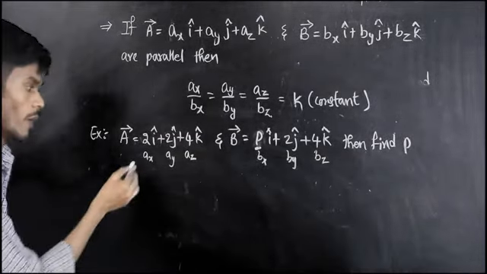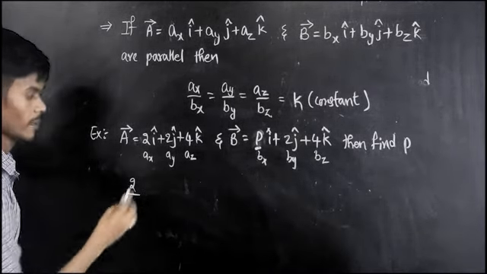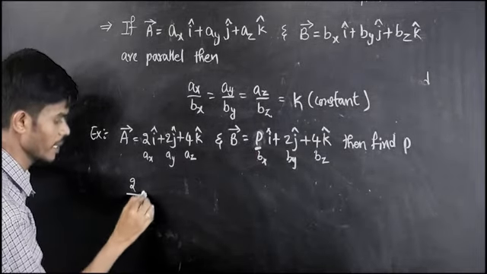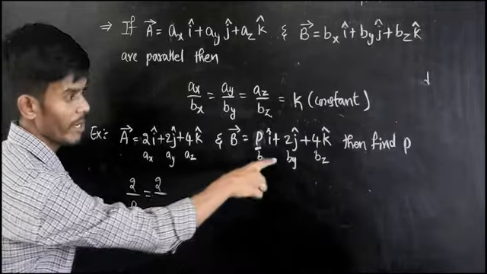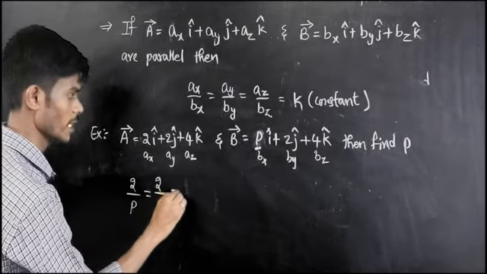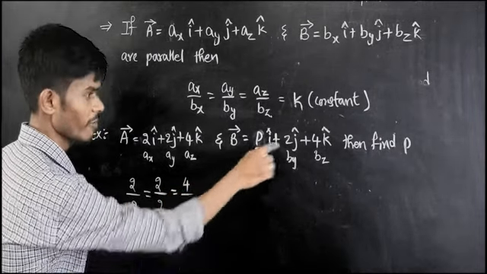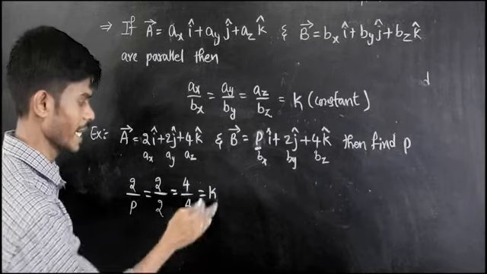So here the ax value is 2 divided by bx value, which is p. 2 by p is equal to ay value 2 by by value 2, that is equal to az value 4 by bz value 4, that is equal to a constant.